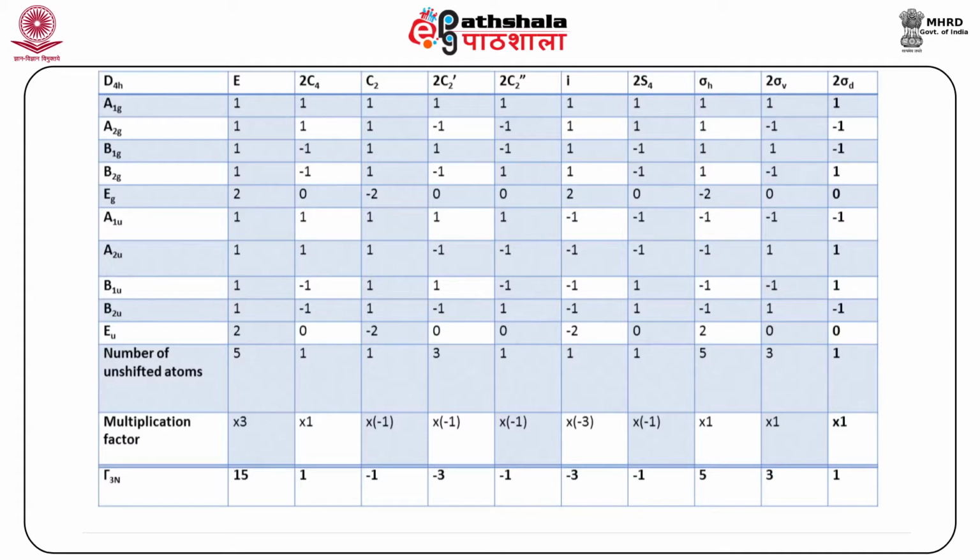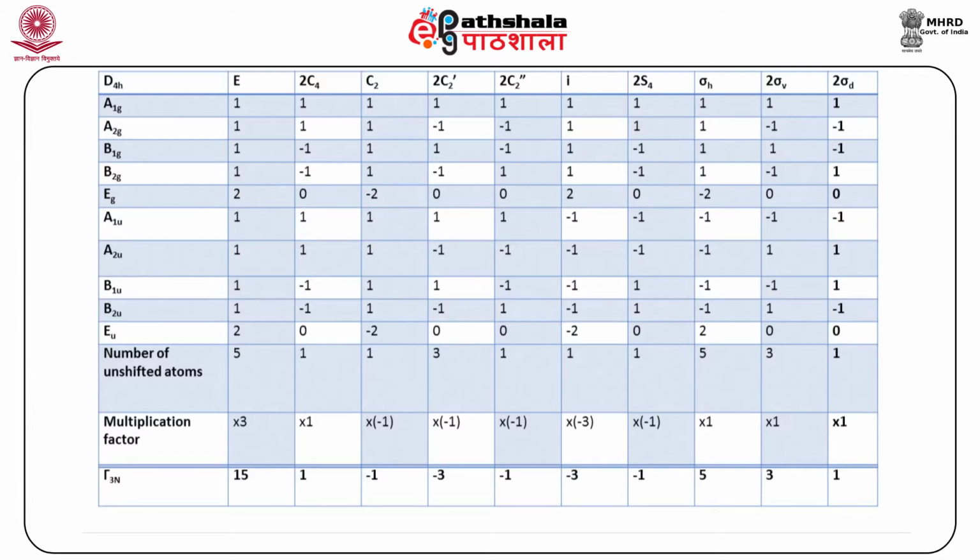Now, when I take the C4 operation, only one atom, that is the xenon atom, is not shifted. Similarly, you can go for C2 which lies along the C4 axis, that also gives the xenon atom is not shifted.